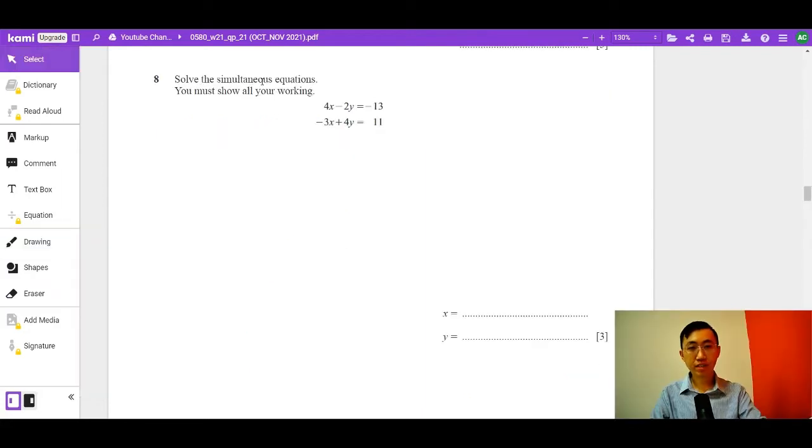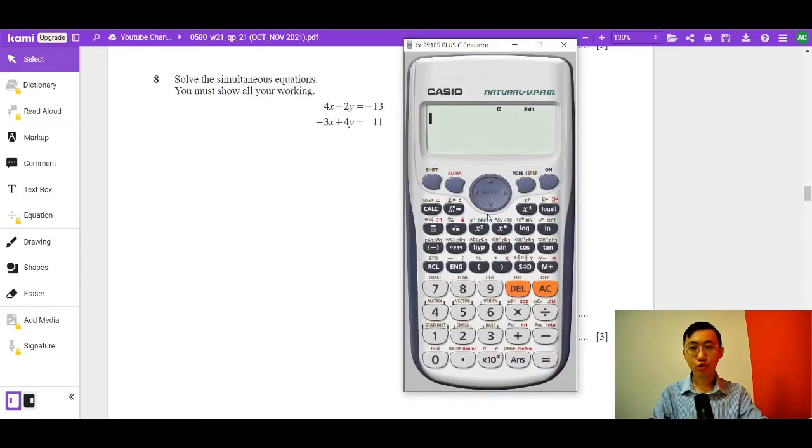To solve the simultaneous equations, you must show all your working. So I love simultaneous equations, it's actually 3 marks for me. So how do you do that? It's actually use your calculator, press mode 1 time, go for number 5, equation. So your simultaneous equation is looking like your number 1. See, number 1 is all linear, so click number 1. You'll be given 2 lines.